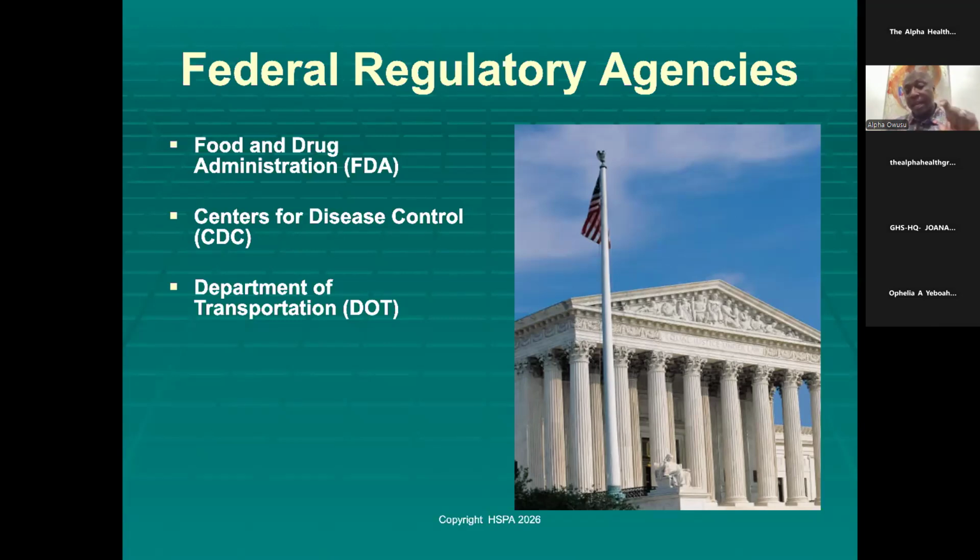Yes, in sterile processing in Ghana, we would have to get a Department of Transport, where the Department of Transport will have a regulation, a standard, for how soiled instruments are transported from one department to the other, from the point of use to the sterile processing department.